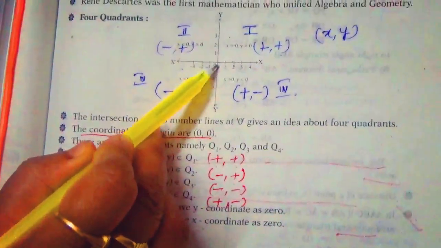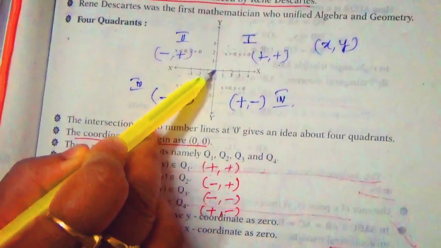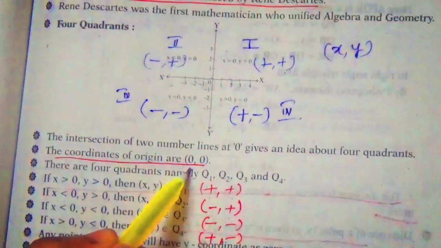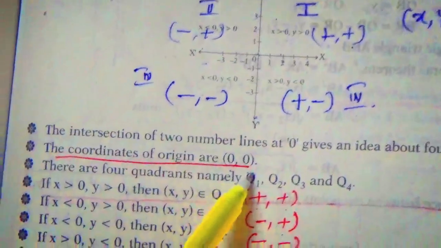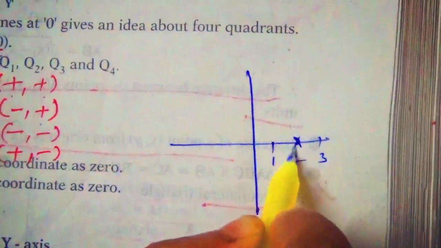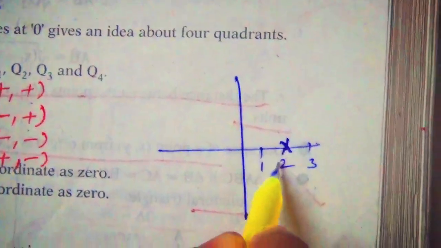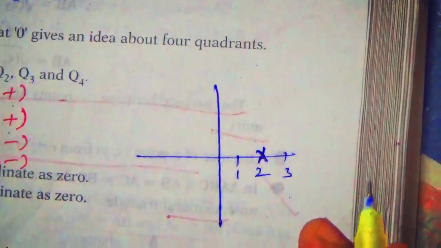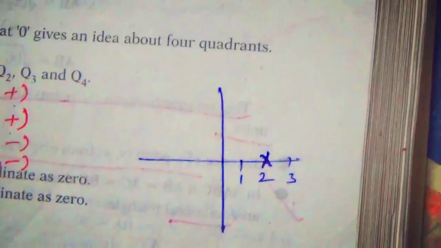And the origin, you already know, the coordinates are (0, 0). Any point on the x-axis will have y coordinate as 0. Why? Look here. If you take a point on the x-axis, 1, 2, 3, what is y? It becomes 0.